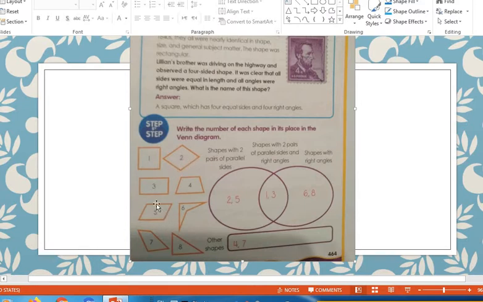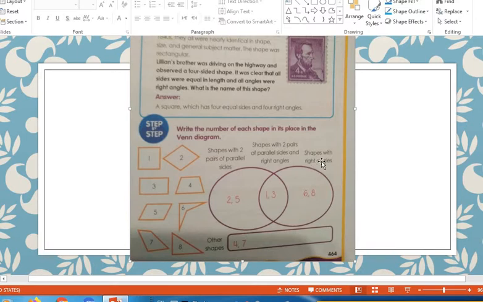And number 5 also, each two are parallel. Shapes with two pairs of parallel sides and right angles: I didn't take number 2 or 5, but I take number 1 and number 3, the square and the rectangle. I put them here.